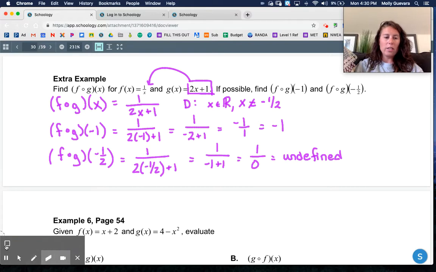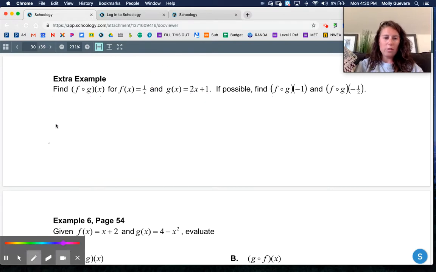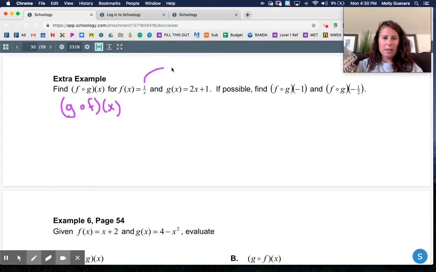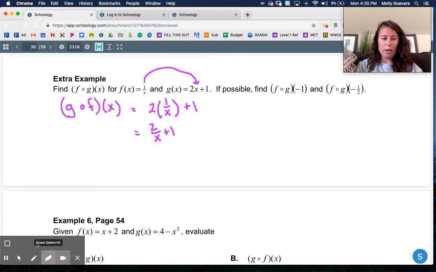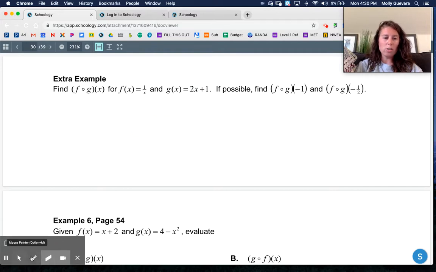So for example, if this was written the other way, if this was g with f of x, that means I would take my f of x and plug it in here. So that would be 2 times 1 over x plus 1. And you get a totally different function, right? Here I have 2 over x plus 1, which is totally different than what we had before. So just make sure that you pay attention to the order.